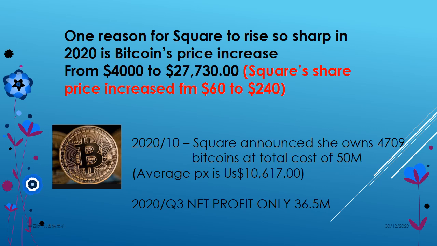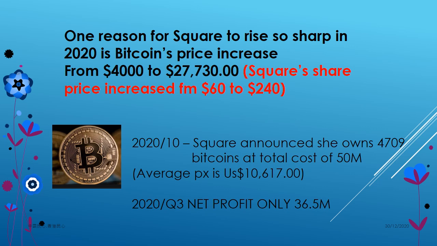One reason for Square to rise so sharply in 2020 is the Bitcoin. When we go back one year before, 2019 to 2020, why did the price not go up? It's because Bitcoin's price was dropping. So this year, why it goes up very sharply is because of the Bitcoin.